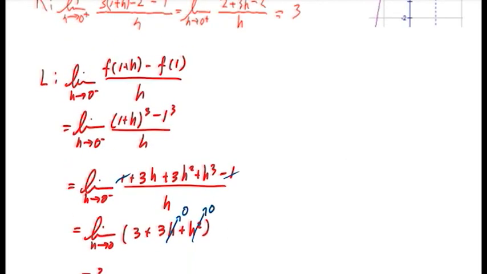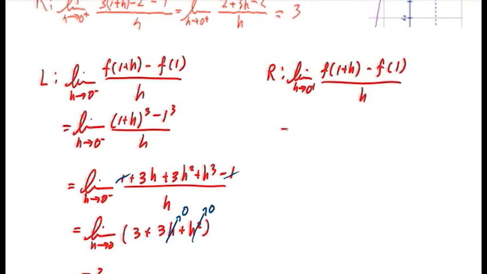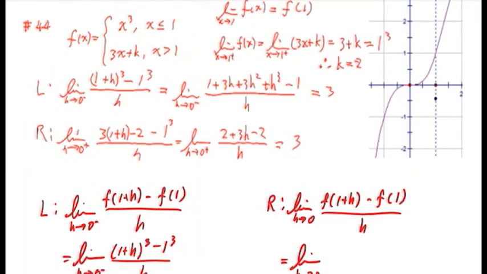Now we'll do the right-hand side. So the right-hand side is the limit of h approaching 0 from the right, so h here is slightly positive. Did I write h approaching infinity right there? And nobody was paying attention? Ah, you kids, pay attention.